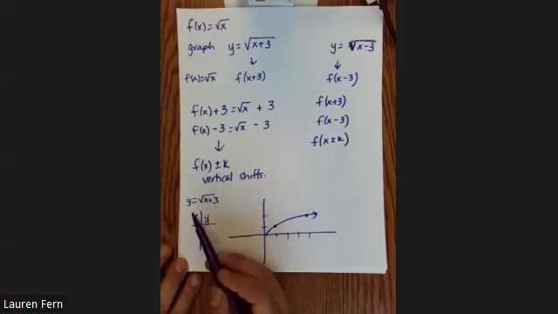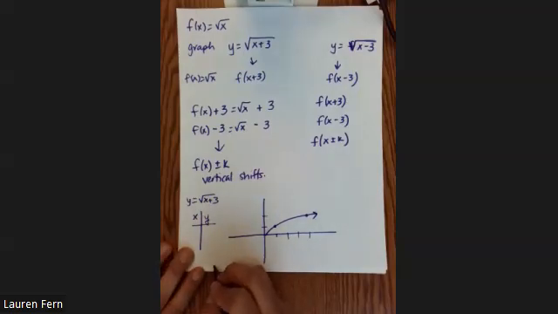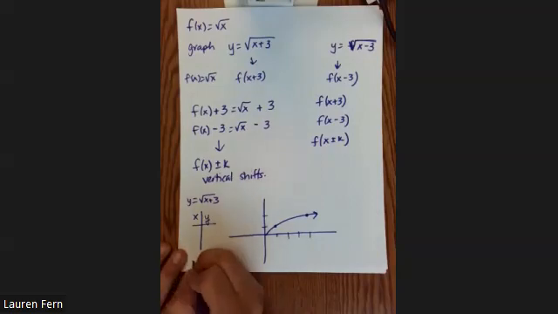Right? What's my domain here? What do we need x plus 3 to be? It can't be negative, correct?